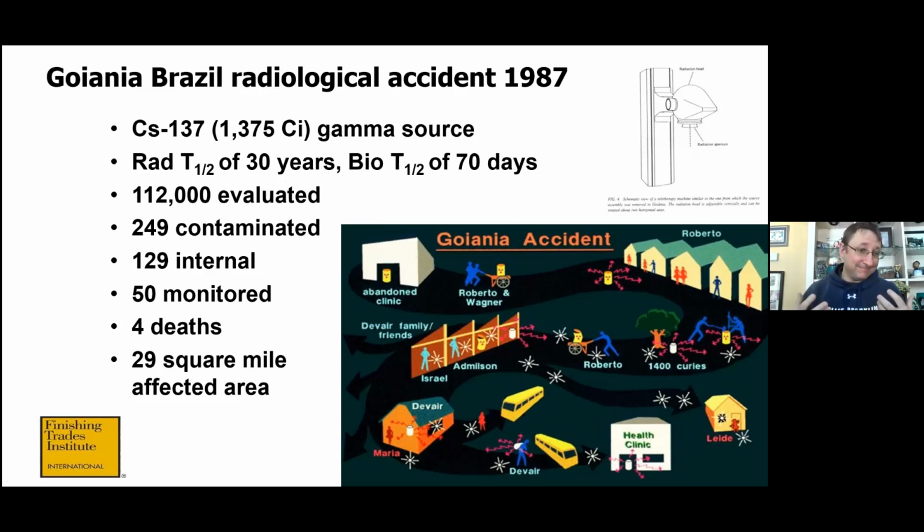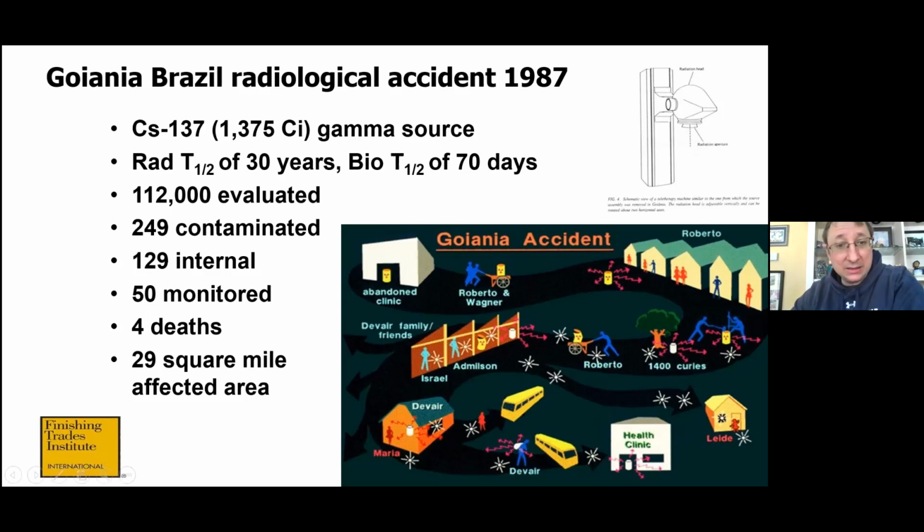So more than half actually had this stuff inside their body. The other folks that were contaminated just had external contamination, so they could remove it. It was on their clothes, their skin. Of this 129, 50 had to be medically monitored because they had high enough internal contamination dose rates that was concerning, and 4 people died.